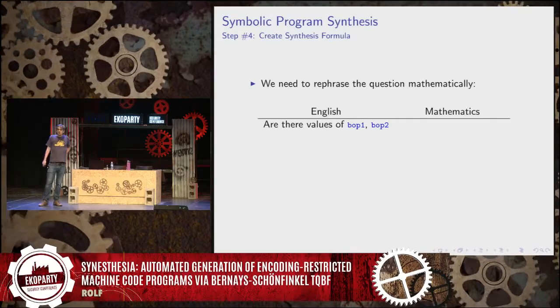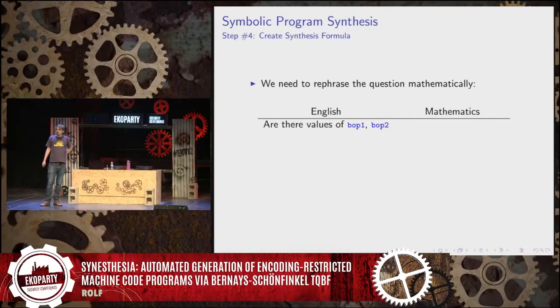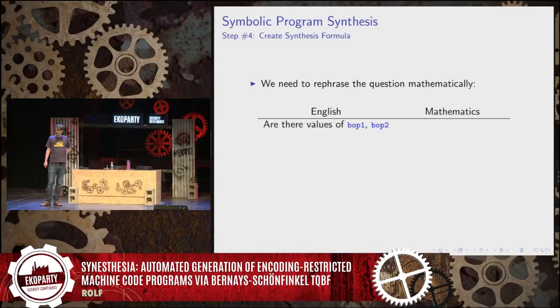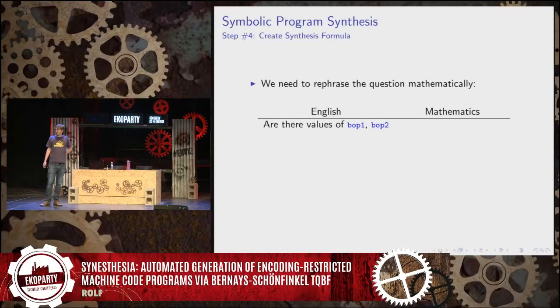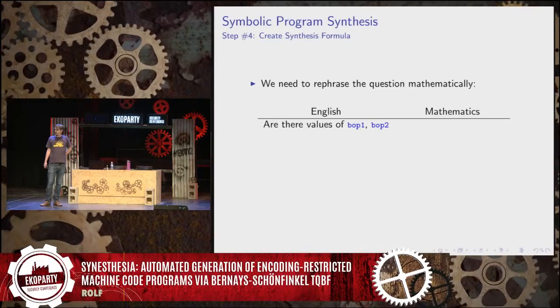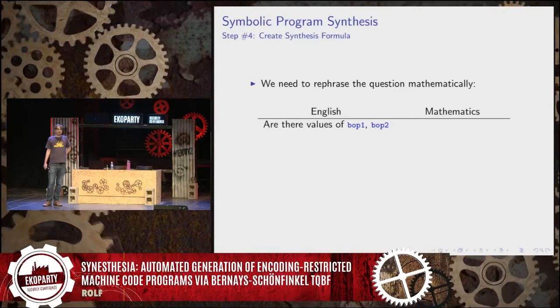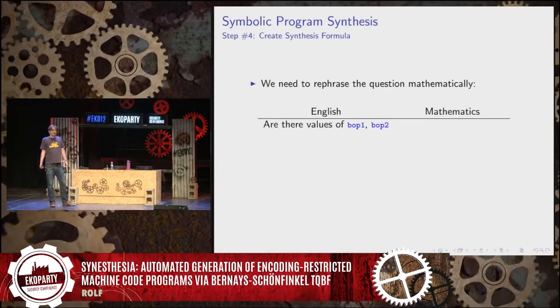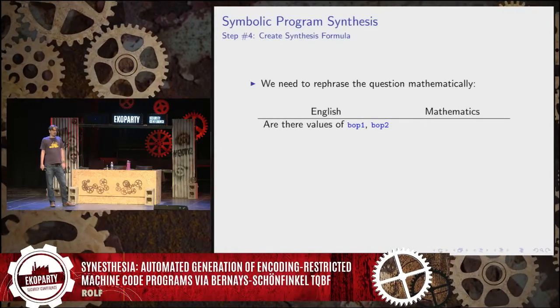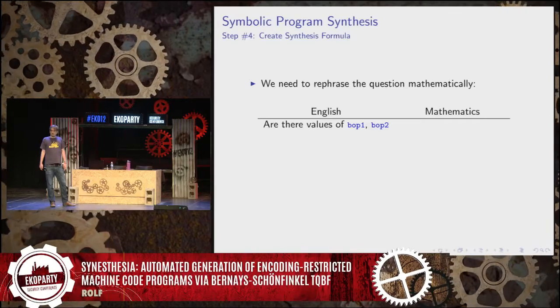So now that we've phrased the question that way, let's make one more step, which is to phrase the problem mathematically. I'll indicate the connection between the English phrasing of the question and the mathematical phrasing of it. So what we're really asking is, are there values for those two Boolean variables, bop1 and bop2?